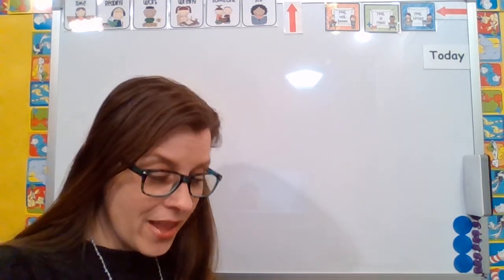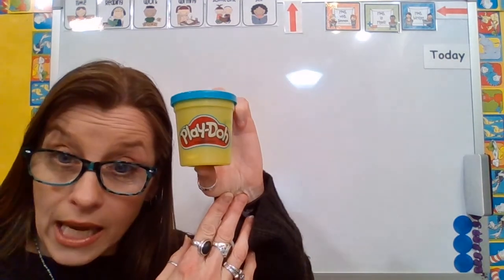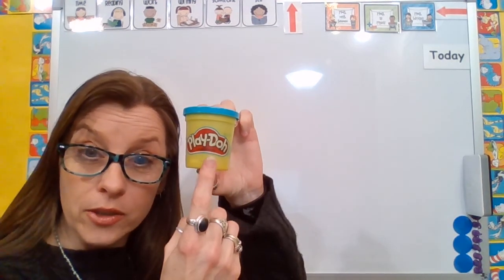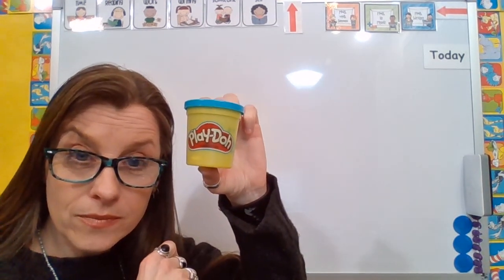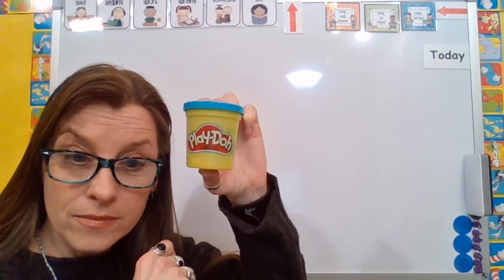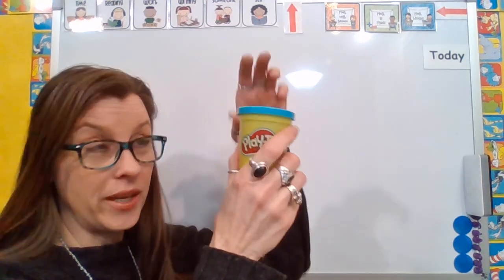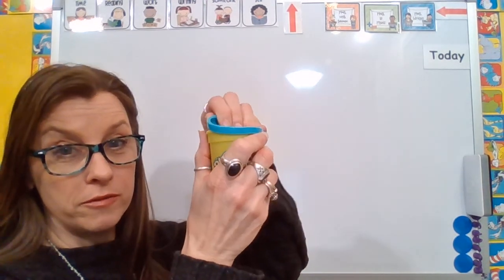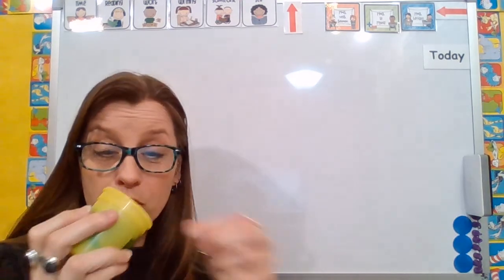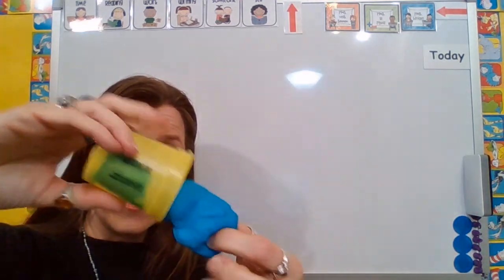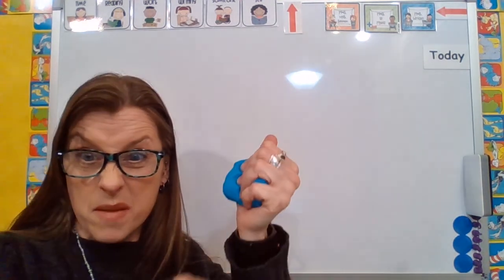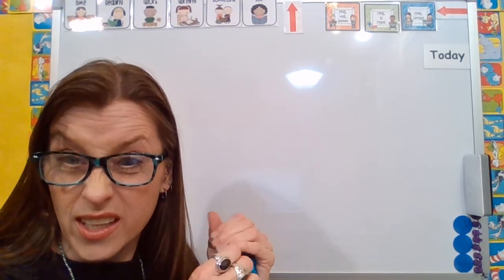Here we go. The first thing I want you to do is to get your Play-Doh. Everyone get your Play-Doh, please. All right, go ahead. Take your top off and get your Play-Doh out. I'm going to wait just a minute because sometimes that Play-Doh is stuck in there and it's hard to get out, isn't it?